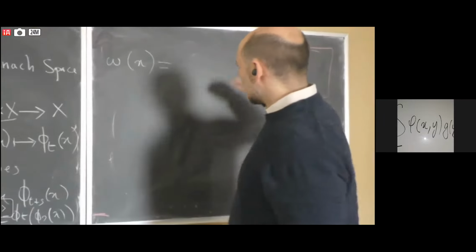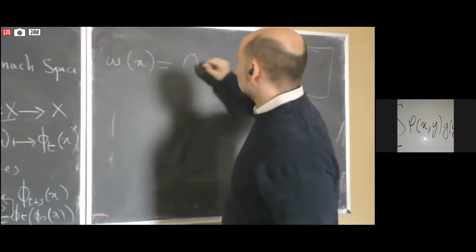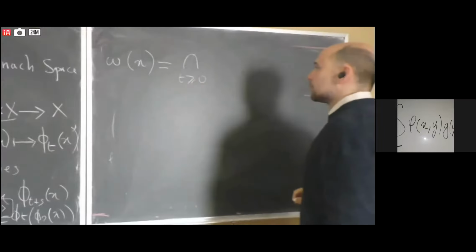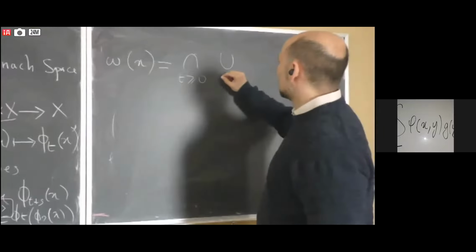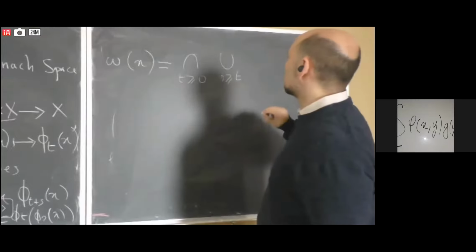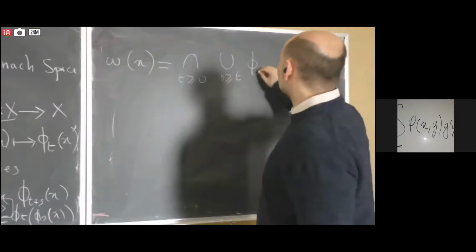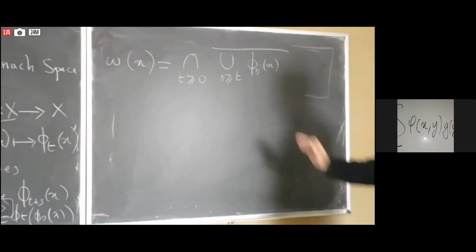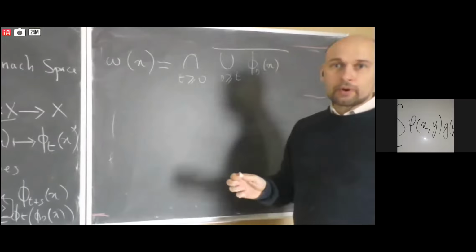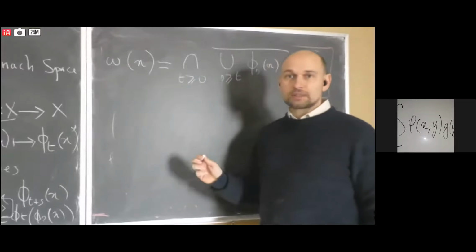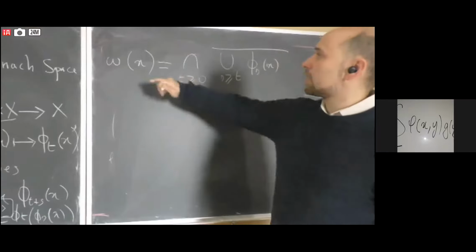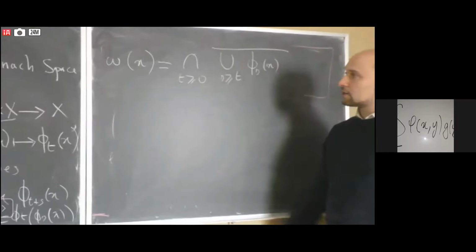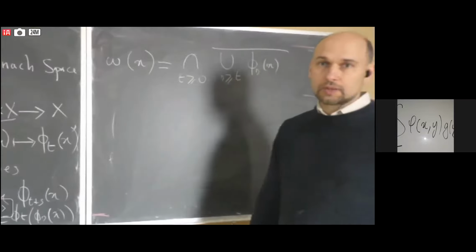It is defined as the intersection for all positive t of the union for s greater than t of phi s of x, and I take the closure of that. If you remember your topology class, this will be a closed set as an intersection of closed sets.